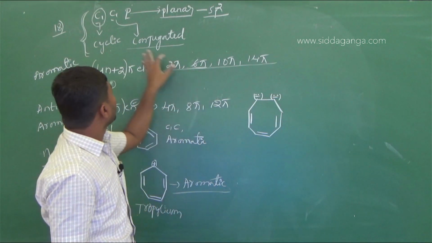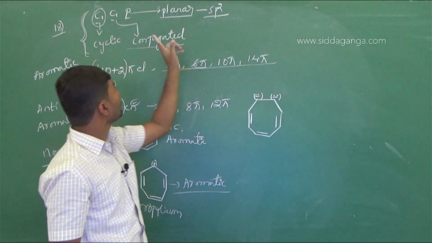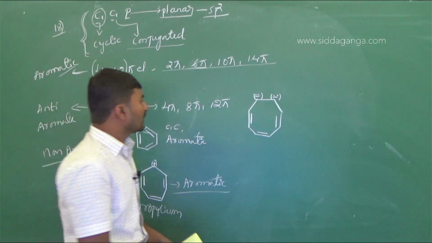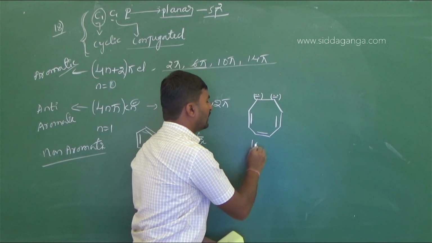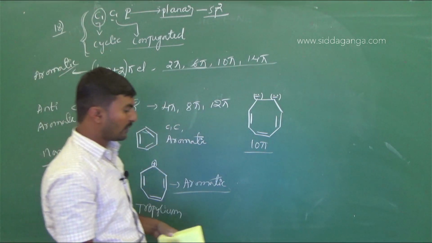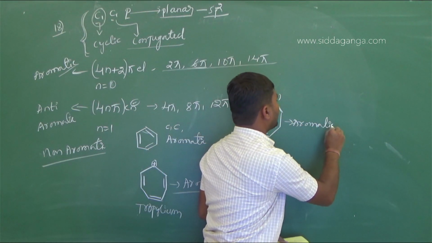Okay, the three conditions: cyclic, conjugated, followed by the last one, planar system. Okay, and which includes 2 4 6 8 10 pi system. It belongs to a 10 pi system, so it is again aromatic in nature. So this is also aromatic in nature.